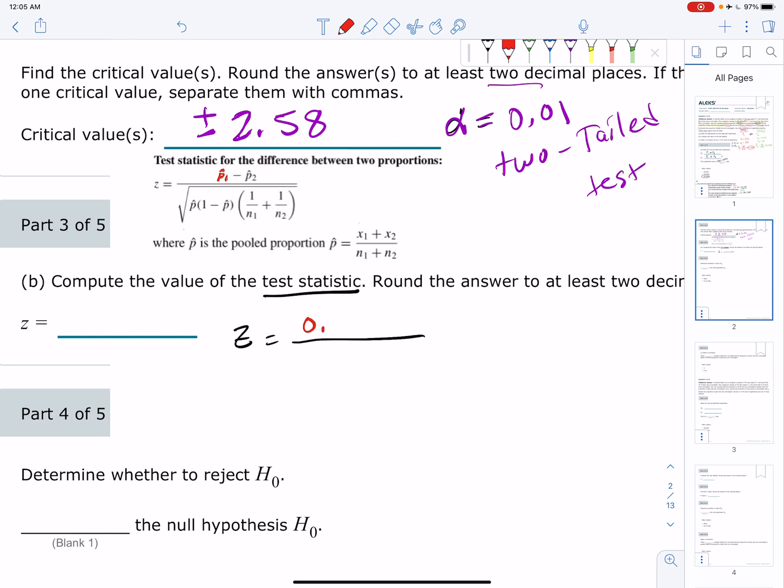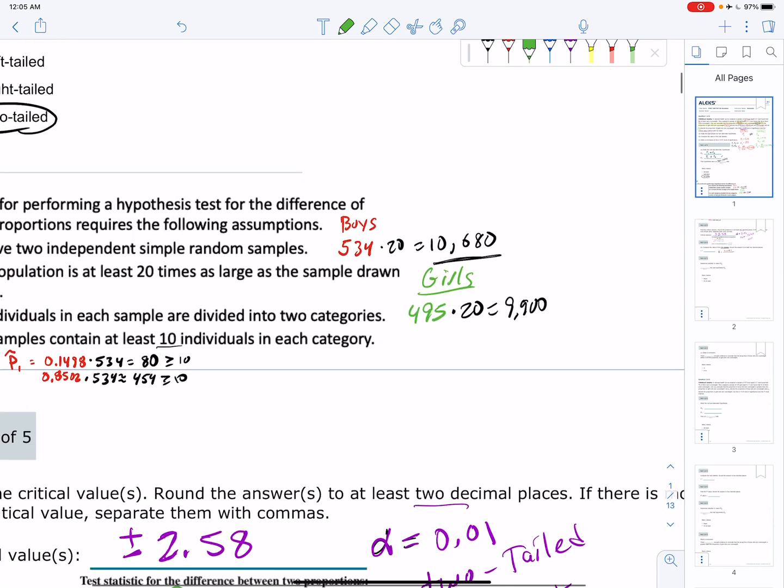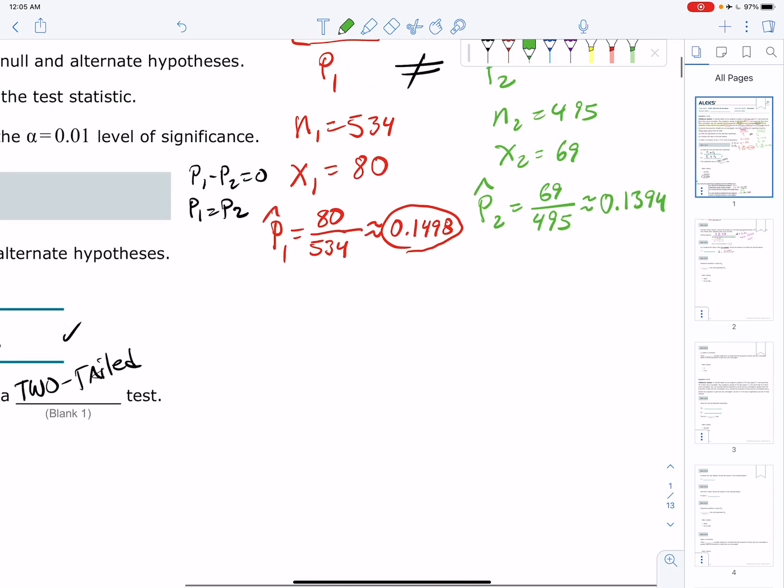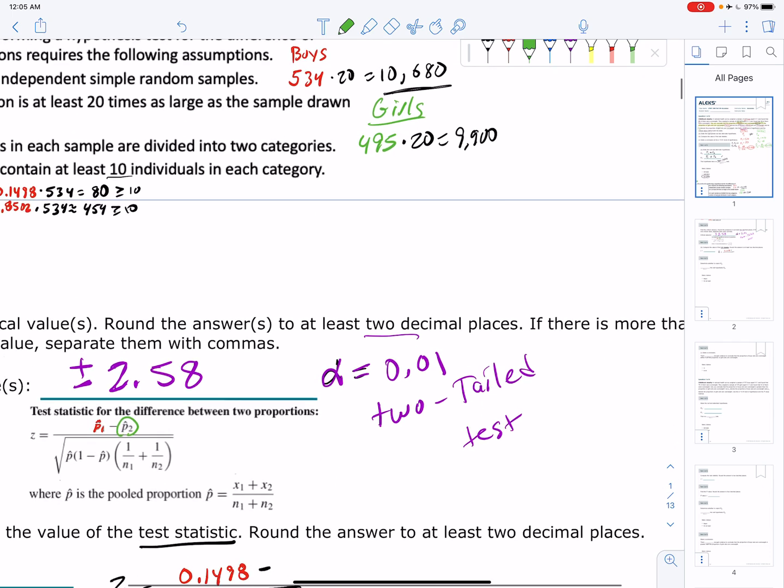So this is 0.1498. The formula says to subtract. And then I need p hat from my second sample. So this is p hat, your sample proportion from my second sample. And when I look that up, there it is. It's from the girls. And that's 0.1394.